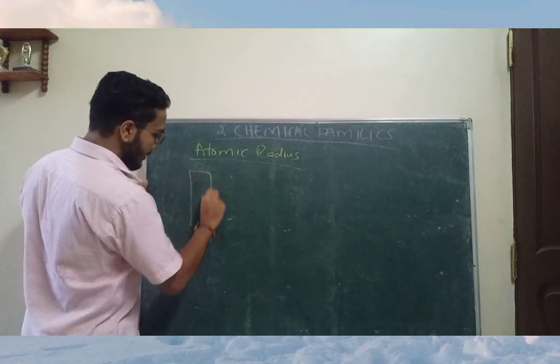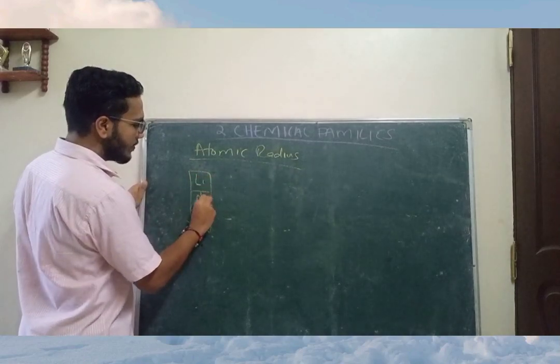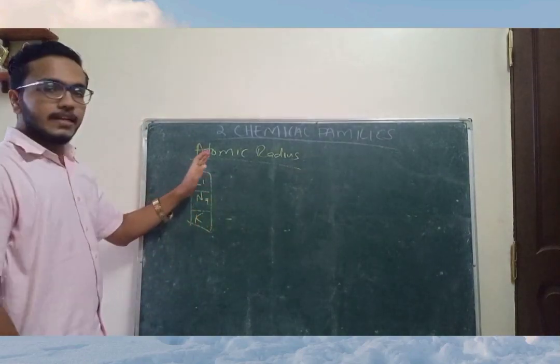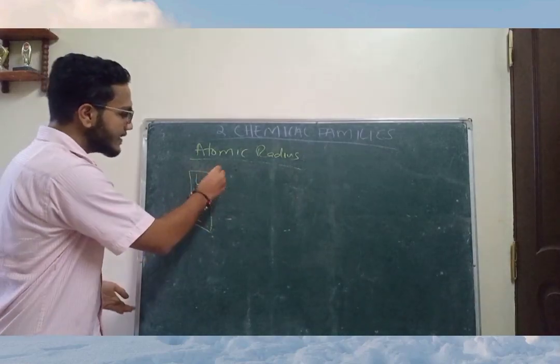Let me draw it again. Lithium, sodium and potassium. Atomic radius. Atomic radius, as we know, is the radius of the atom. It increases down the group.